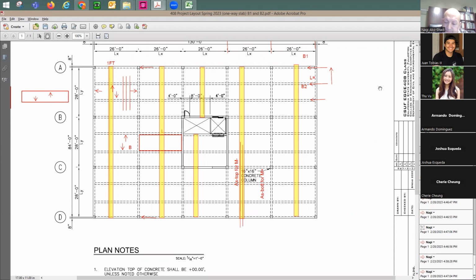Okay, how did you do it? On the left, the L of Y is 28 for 3 of them, divided by 3. All right, very good.